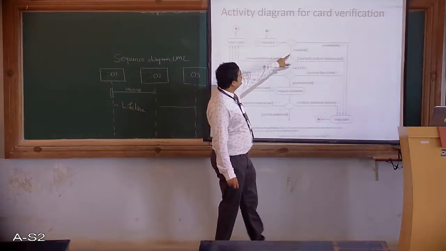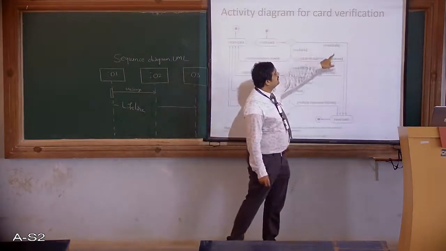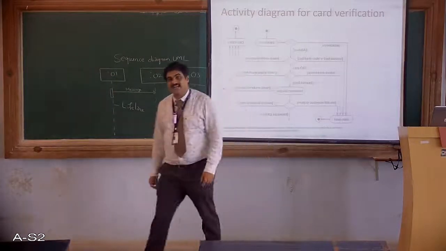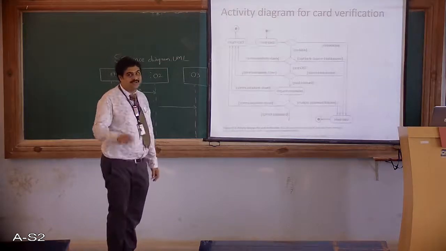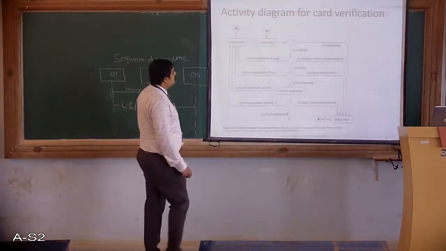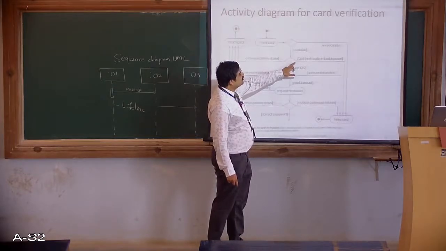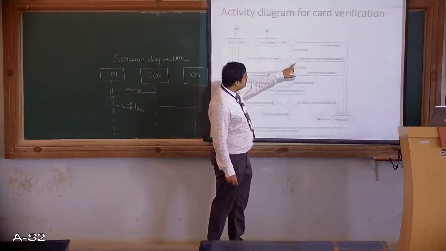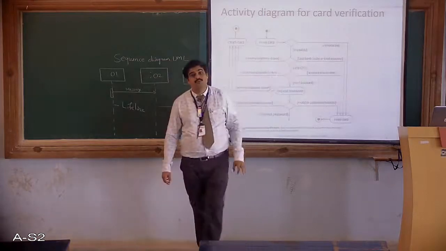There are two alternatives here, readable and unreadable. When it is unreadable, what is to be done? It has to exit from the system. When it is readable, the bank code may be wrong or it may be a bad account. That is also a problem. At that time, what is to be done?